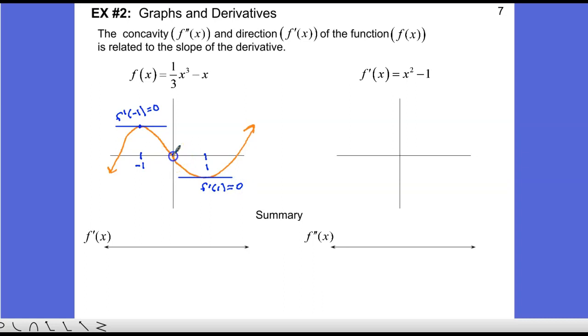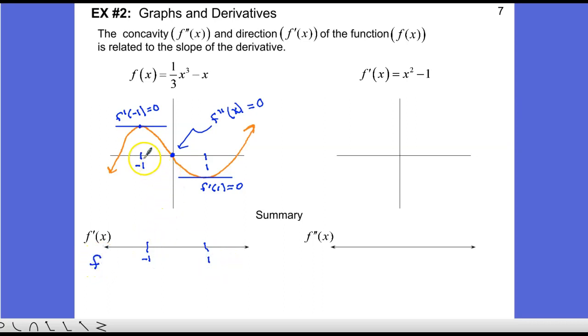Now the other thing we notice is that this is our point of inflection right here, isn't it? This is the point where the concavity changes from concave down to concave up. And this is f double prime of x equals 0. If we do a sign chart for f prime, let's put our critical values on here. Negative 1, positive 1. And let's think about what f is doing.